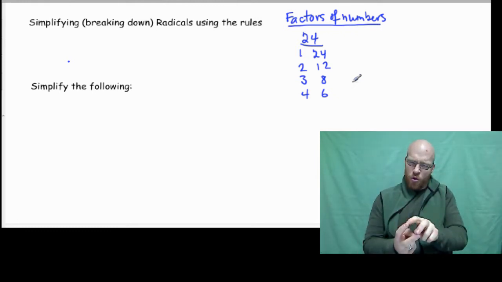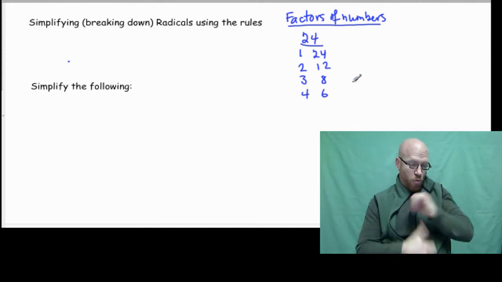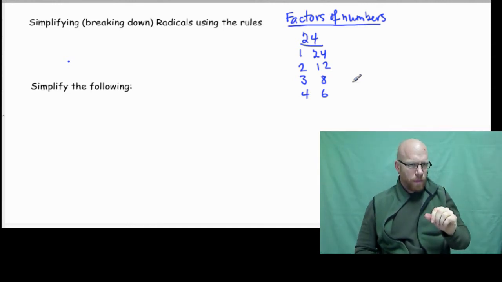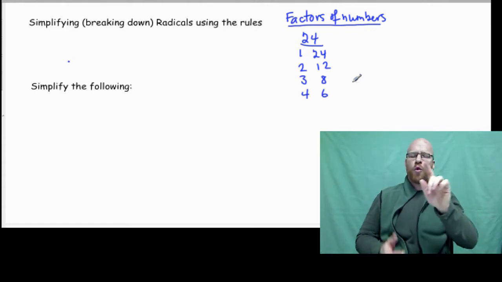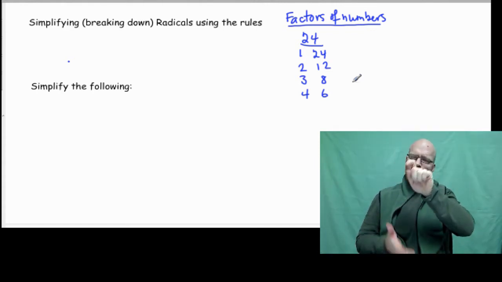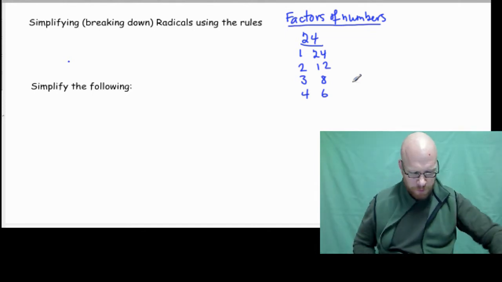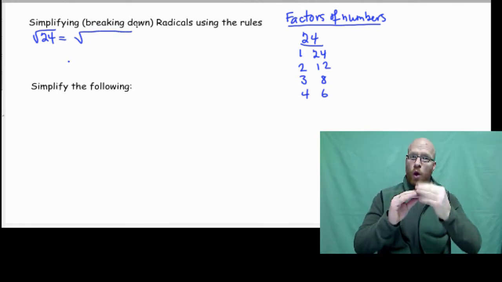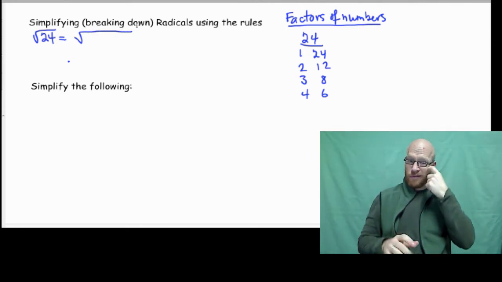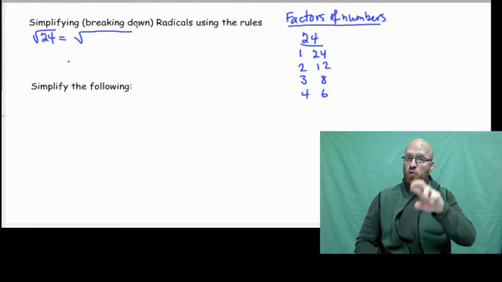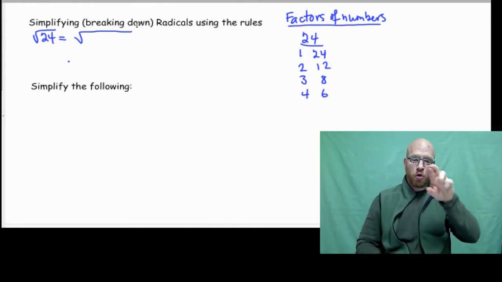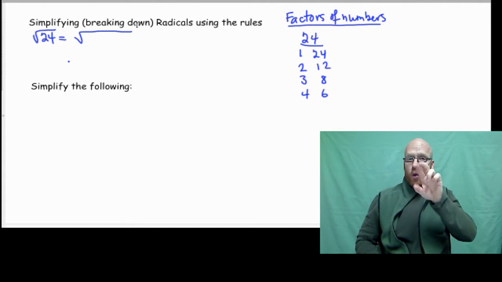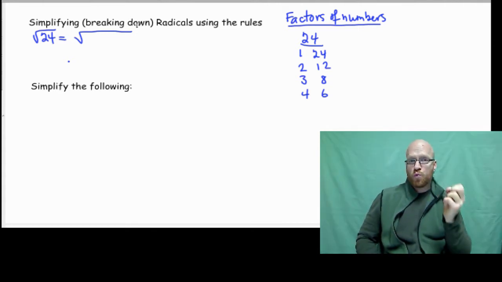Now, if you look at the pairs, 1 and 24, 2 and 12, remember, I'm working on square roots and perfect squares. If I choose 24, it's a square root of 24, I can write it a different way. I can write it with the factors, with the product rule. So the square root of 24 would be the square root of 3 times the square root of 8, or the square root of 2 times the square root of 12.